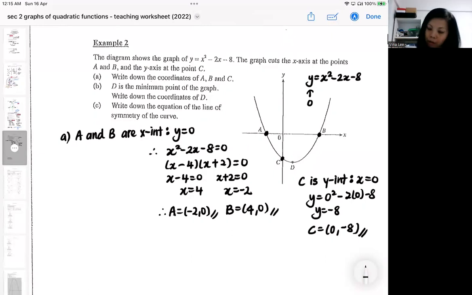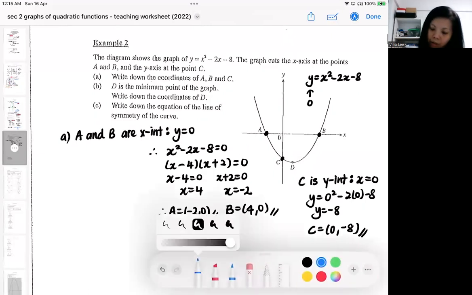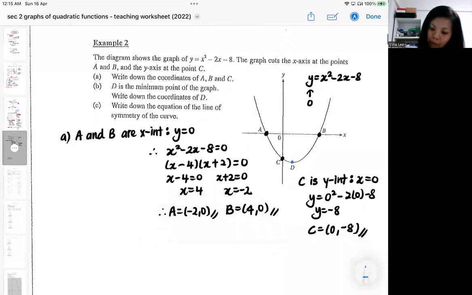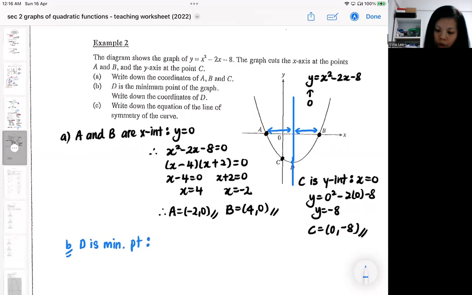And then we talk about the minimum point here. So D is the minimum point. So minimum point will always have a symmetrical property. It will always be symmetrical about the x-intercepts, so you always share the two intercepts.